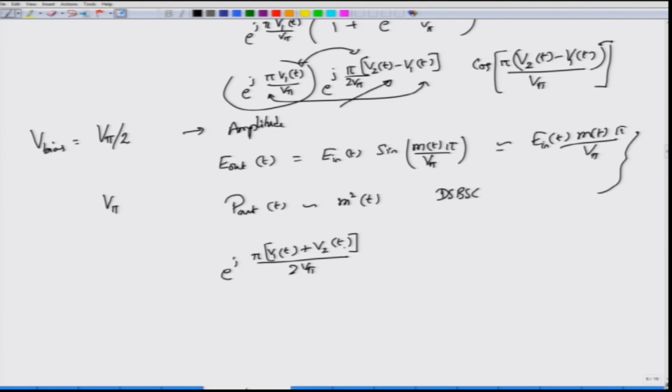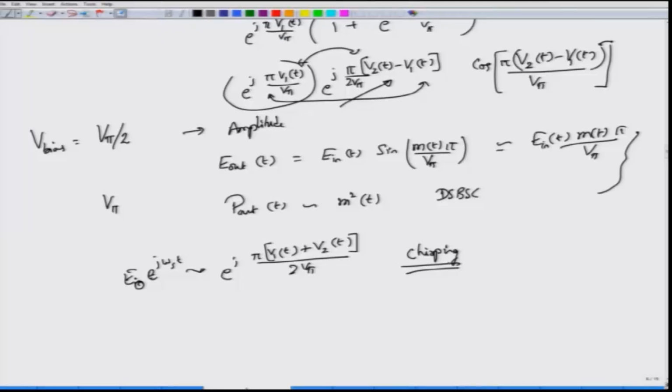This term, which is the sum of the two signals divided by 2 V pi, can lead to what is called chirping, because the incoming carrier e power j omega s t will pick up this additional phase, and if V1 of t and V2 of t are changing with time, then the overall phase will change with time. In addition to the amplitude modulation, there will be a phase modulation. So, this change in the phase, or phase modulation, which is unwanted, is called chirping in the modulator.